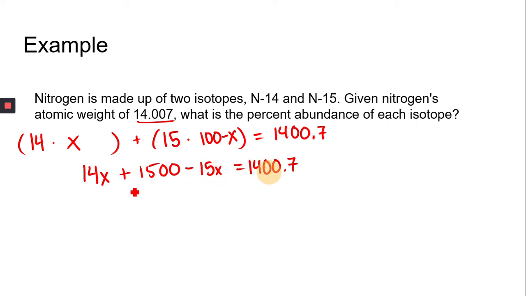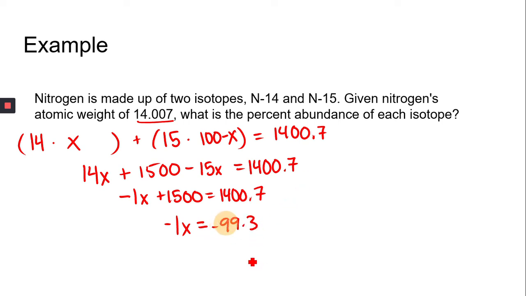So 14 minus 15 is negative 1X plus 1500 equals 1400.7. And then I'm going to subtract 1500 on both sides. So I have negative 1X is equal to negative 99.3. And then if I divide by negative 1, X would equal 99.3.